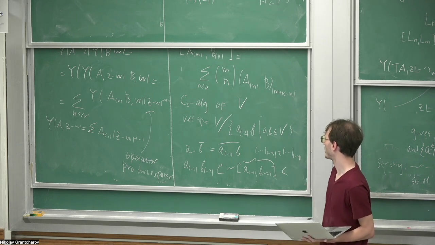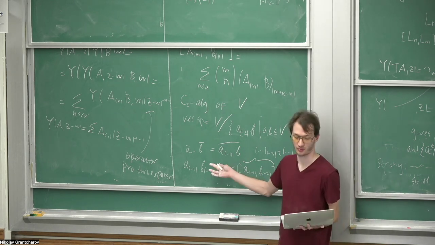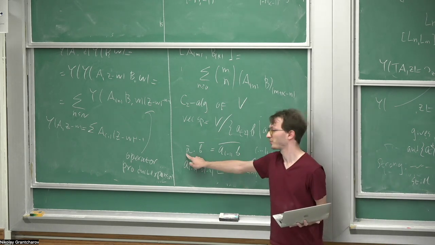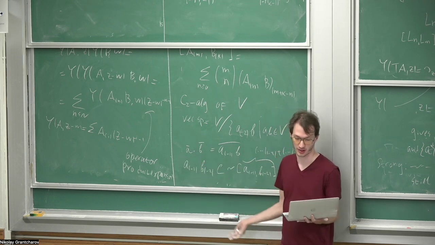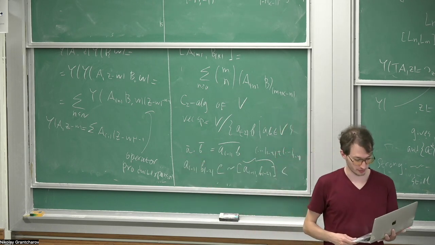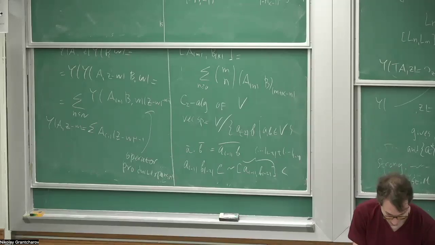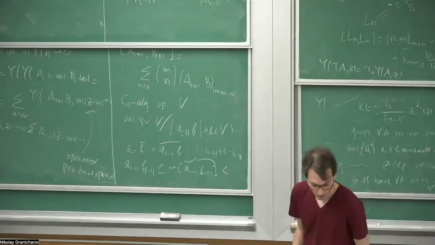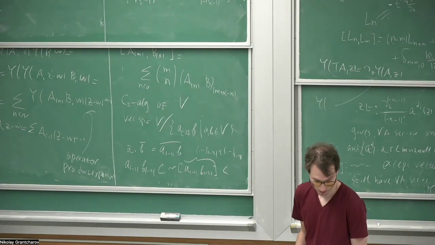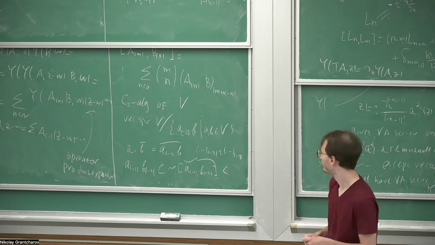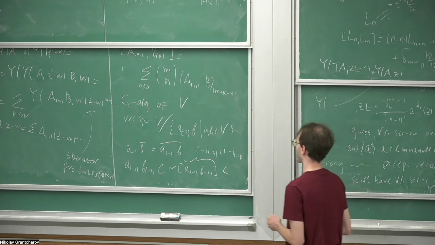In order to check that this is associative, or that it is well-defined on the left, we have to use Borcherds identity, which I did not write, and probably will not write. And also check that this is a commutative product.